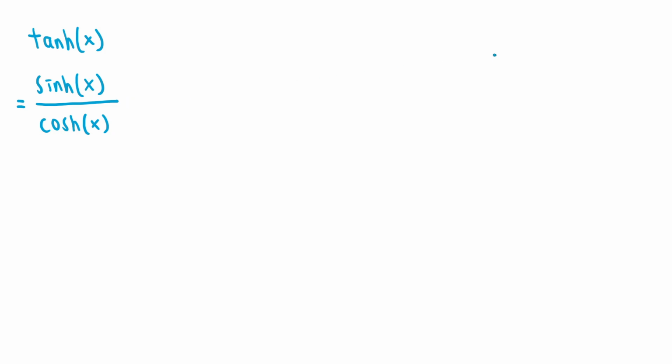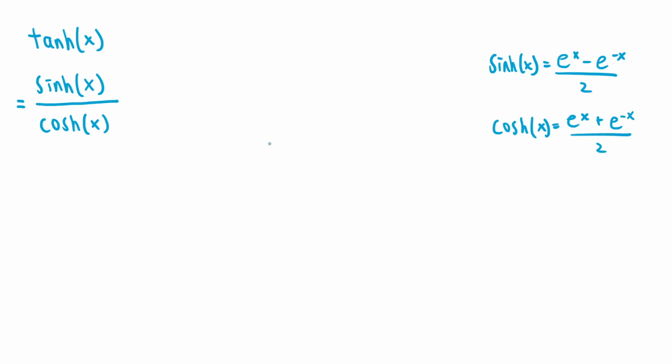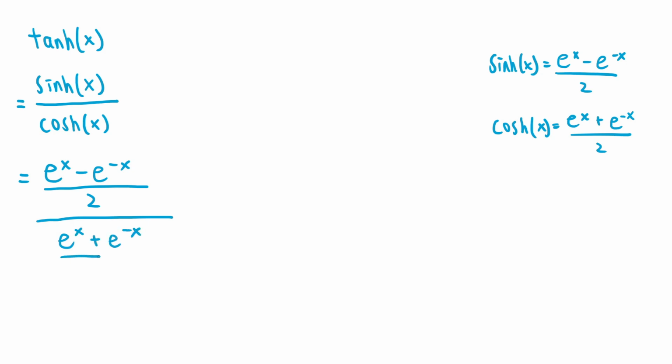So we know that sinh of x is equal to e to the x minus e to the negative x all over 2, and cosh of x is equal to e to the x plus e to the negative x all over 2. So we can plug the function definitions into the expression sinh of x over cosh of x, and rewrite the expression as e to the x minus e to the negative x all over 2, and all of this is divided by e to the x plus e to the negative x all over 2.